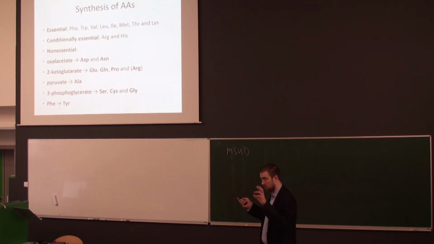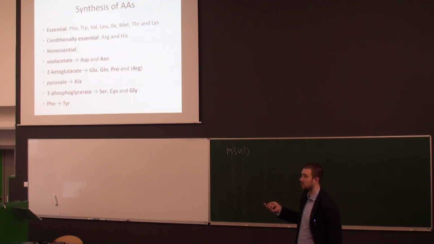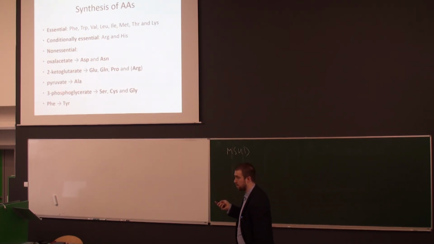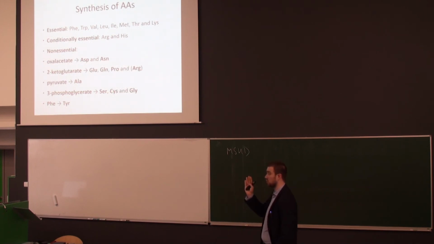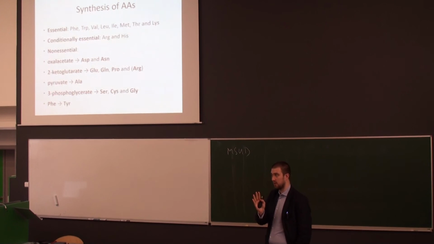New is that you should know that proline is produced from alpha-ketoglutarate, and those three small amino acids, that means serine, cysteine, and glycine, are produced from an intermediate of glycolysis, 3-phosphoglycerate. As you know, in glycolysis you had 1,3-bisphosphoglycerate converted to 3-phosphoglycerate, and then you have 2-phosphoglycerate.